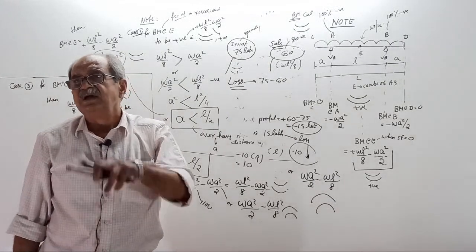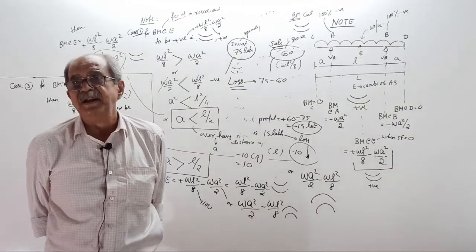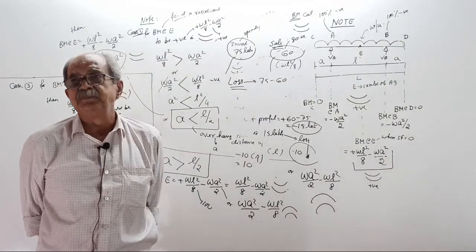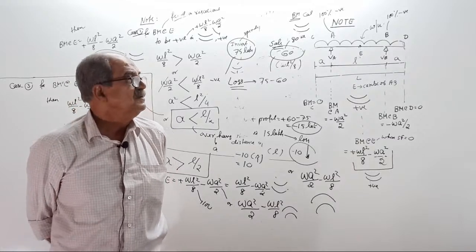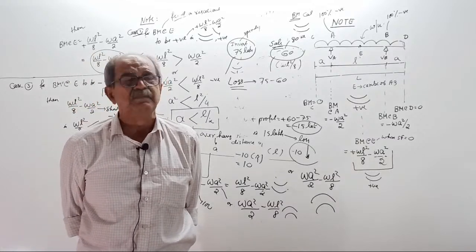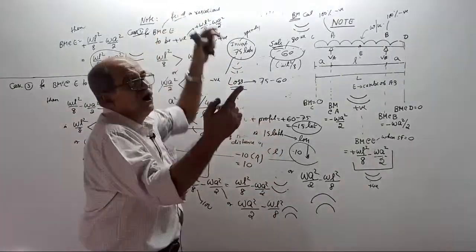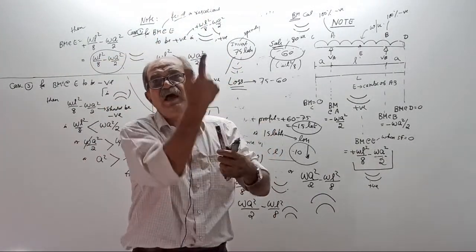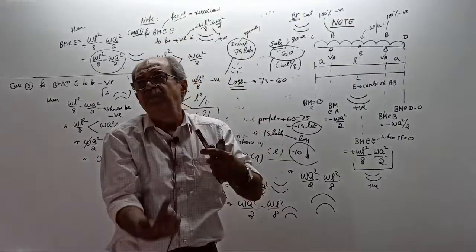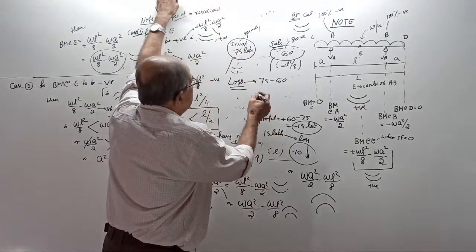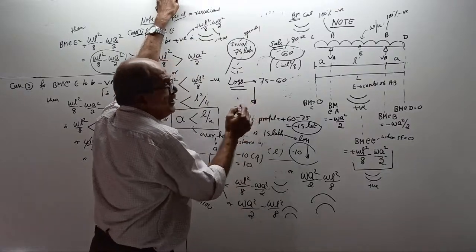You may not be knowing, STAAD.Pro made a blunder. If they come in front of me, I will tell them this is a blunder. They will agree. They will tell you their convention is X, Y, Z: upward force is Y. Whenever a downward load is there, you type minus.